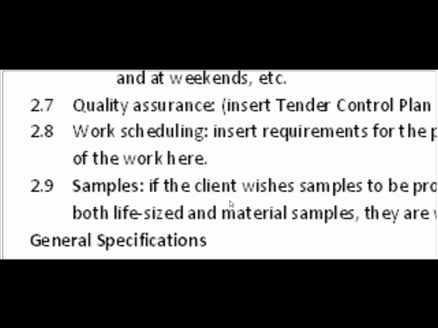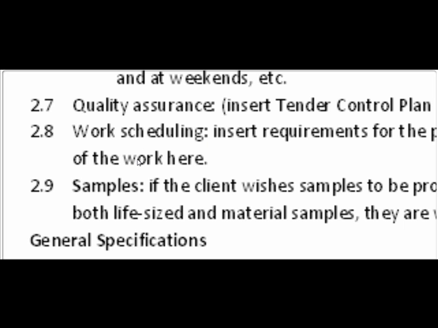The quality assurance of this contractor's work must be mentioned here. For example, the tender control plan will be mentioned here. If the contractor has to take part in meetings and so on, and usually contractors have to do that, the frequency of the meetings is mentioned here, so that he can set aside people to do that, because that's going to cost him money.